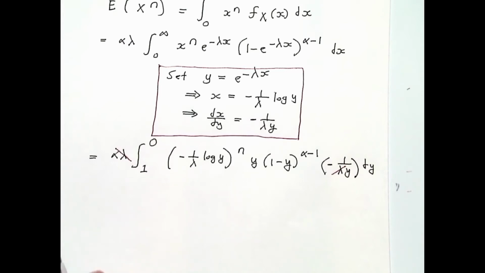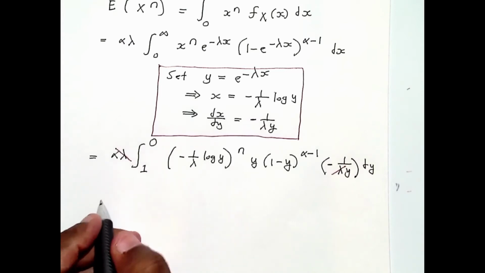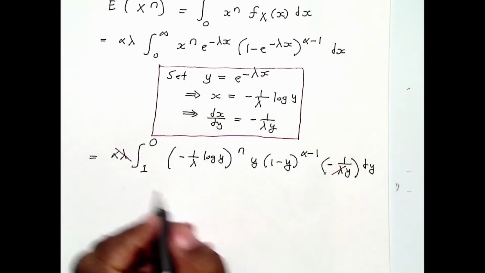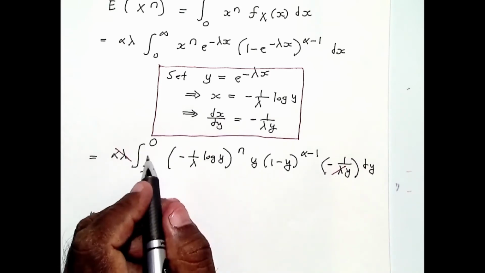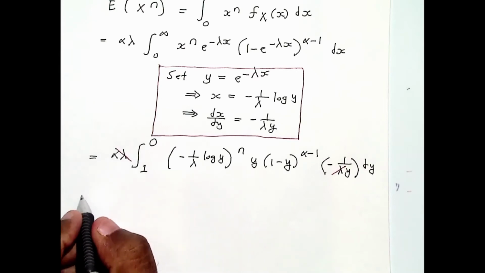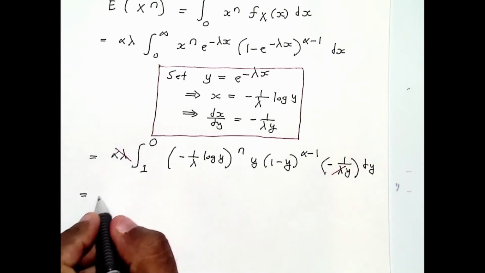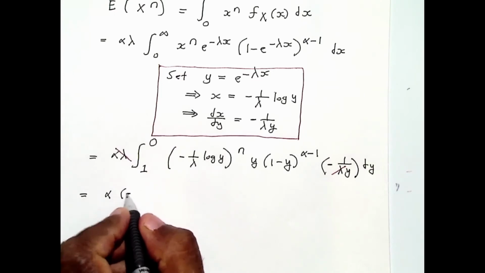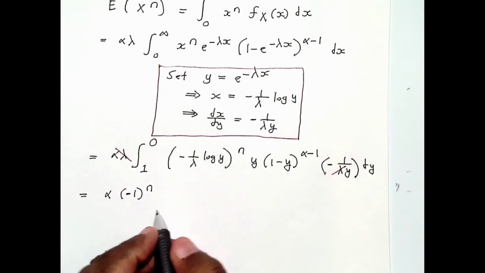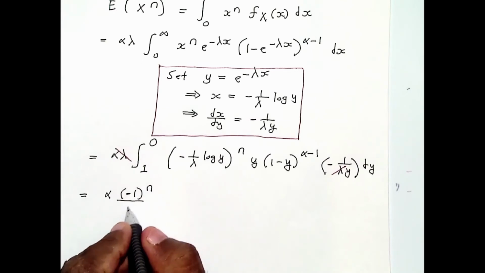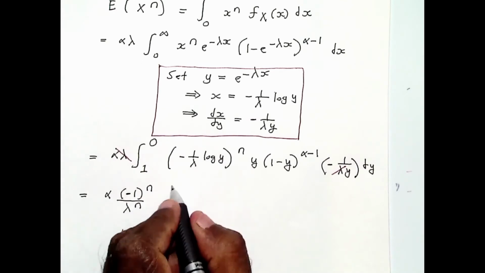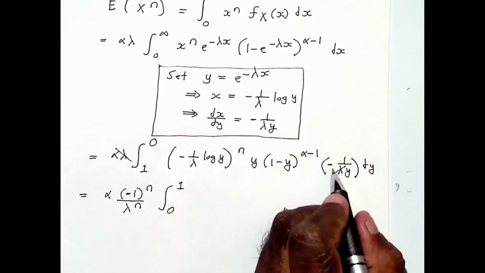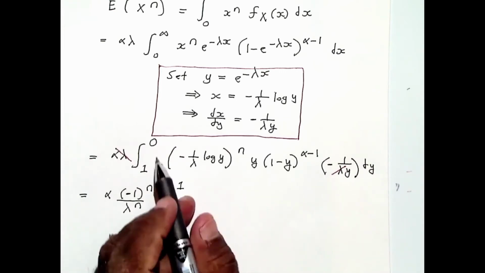Also, I'm going to use the minus sign over here to change the limits from 1 to 0 to 0 to 1. So what you get is the following. You get alpha times minus 1 to the power n divided by lambda to the power n, and the limits go from 0 to 1 because I'm using this minus to reverse the limits.